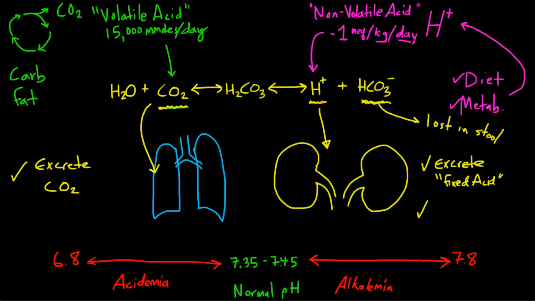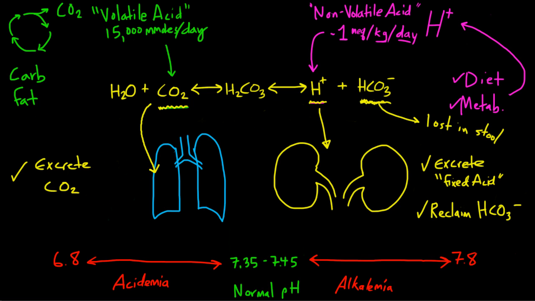And the other thing the kidneys do, remember, they're filtering the blood, they're filtering everything. Bicarbonate is going to rush through the kidney. If the kidney didn't reclaim it, reabsorb that bicarbonate, it would spill out into the urine, and your bicarbonate levels would get low just because of that. So the kidney has to work hard at reabsorbing bicarbonate. The second job of the kidney is to reclaim filtered bicarbonate.